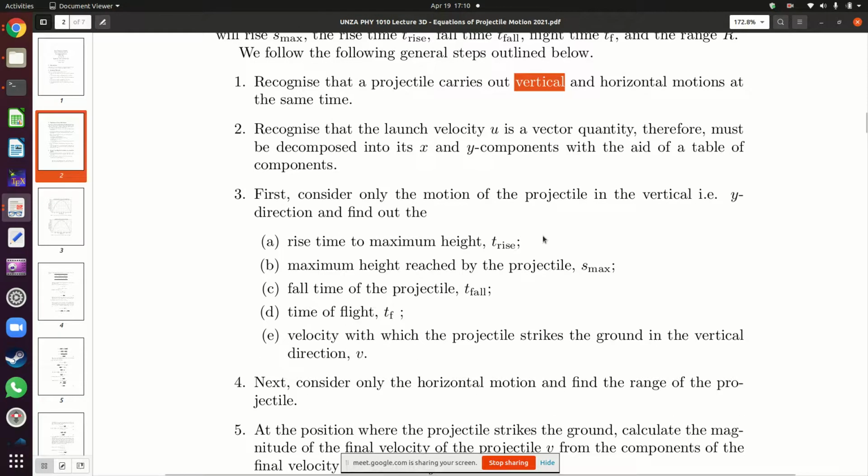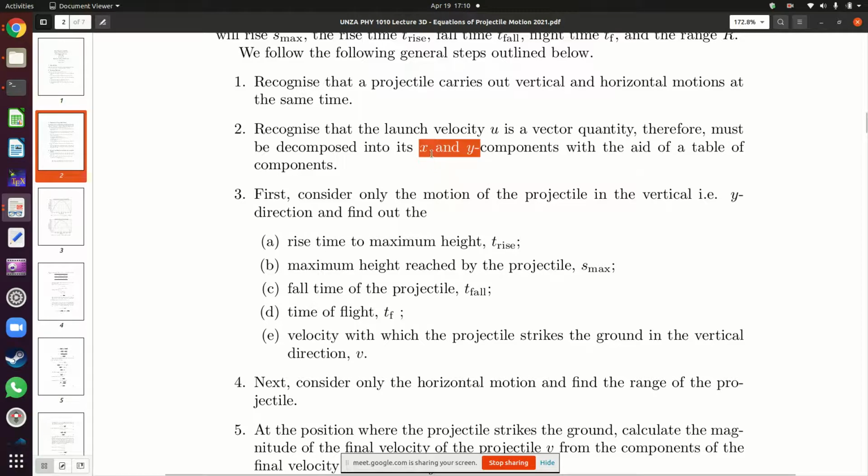So we need to decompose, or break down, our launch velocity, which is a vector, into its x and y components. These x and y components of the launch velocity will give us how much is the velocity in the x direction and how much is the velocity in the y direction.